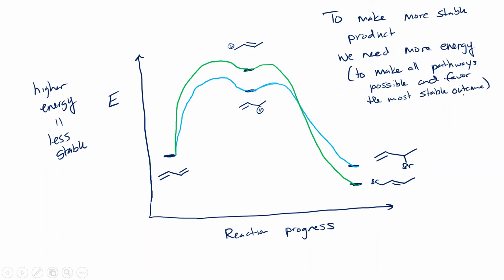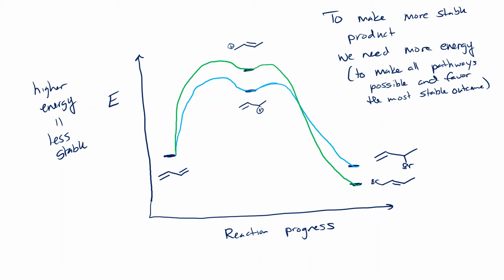Basically we need enough energy to follow this green path, right? If we can't get enough energy to get up to this unstable intermediate, we're never going to be able to get to the most stable product. So the more energy we have, the better to make the more stable product.